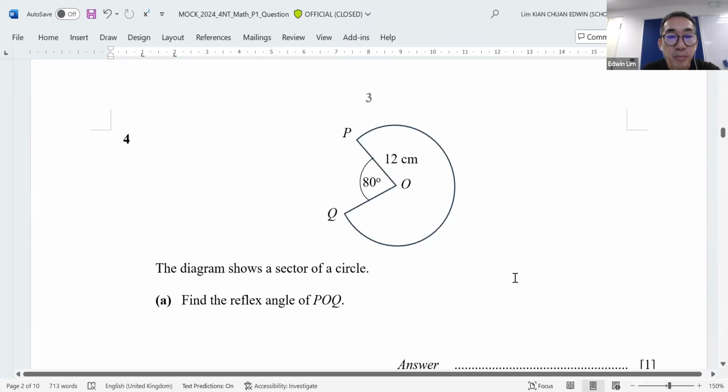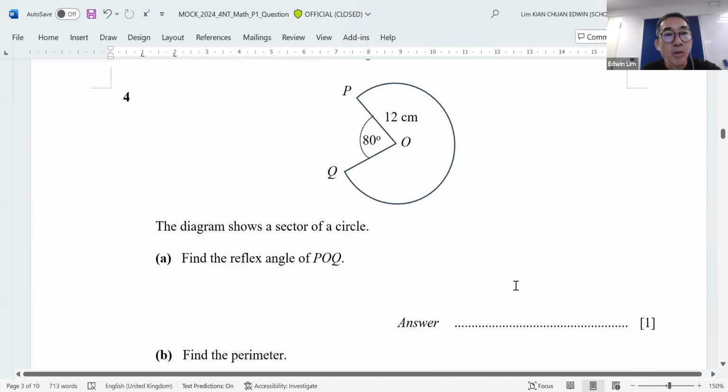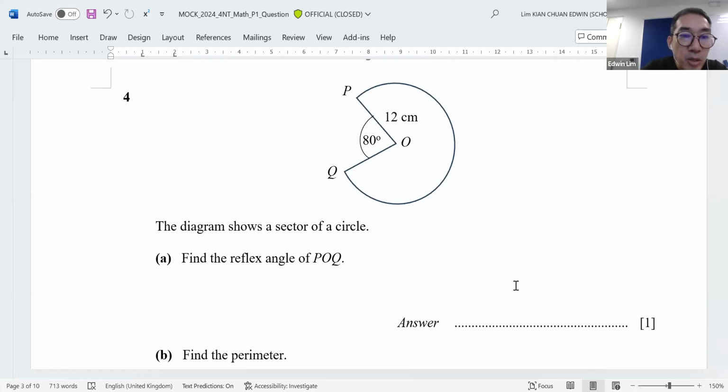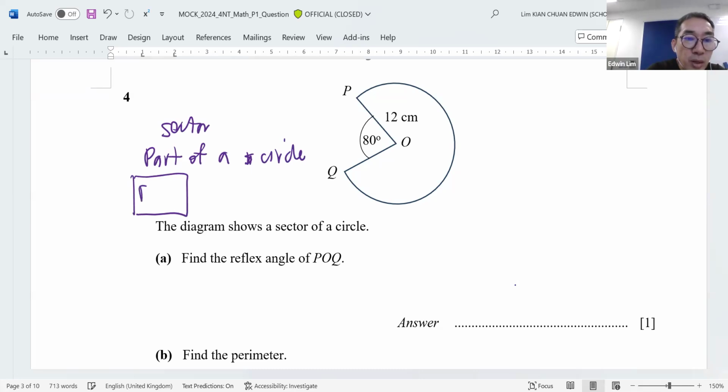Question 4. Question 4 shows you a diagram of a sector. Sector is actually part of a circle. The part is whereby we will write it as a fraction. All right, something that you have to understand first.